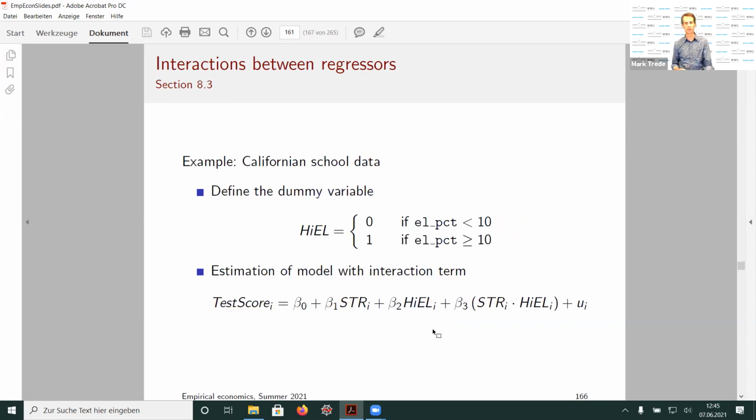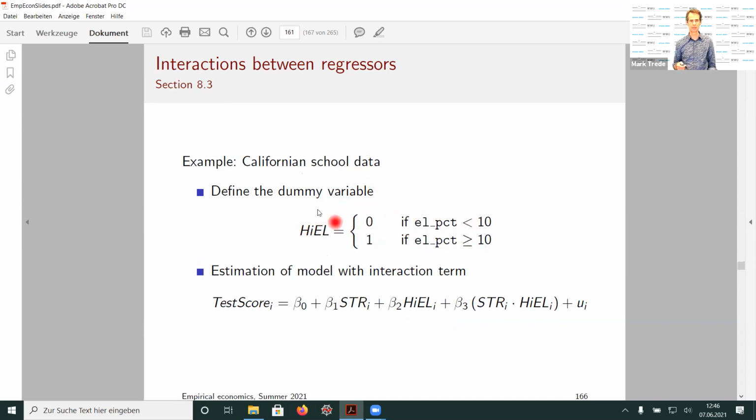Okay, let's look at one example. We use the Californian school data set again, and we define a dummy variable. The dummy variable is called high English learners, high EL. It's 1 if the percentage of English learners is larger than 10%, and it's 0 if it's less.